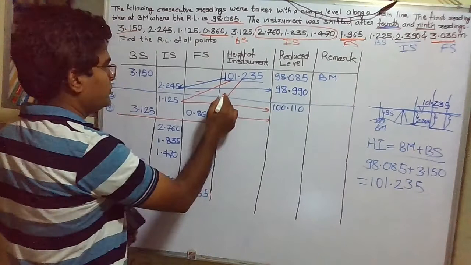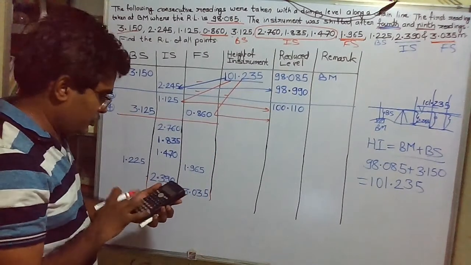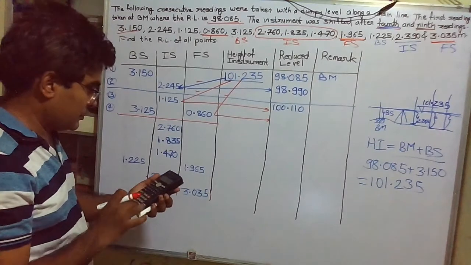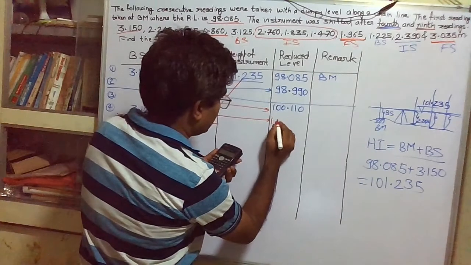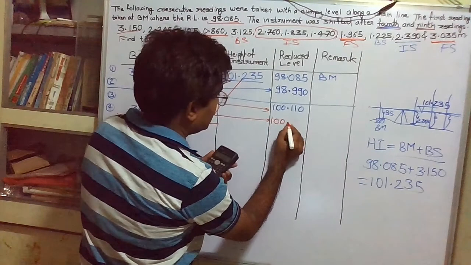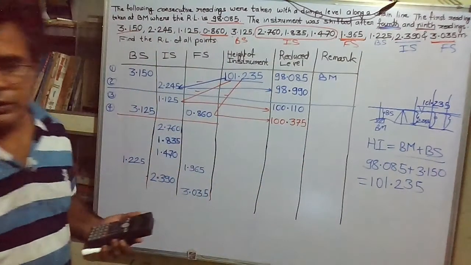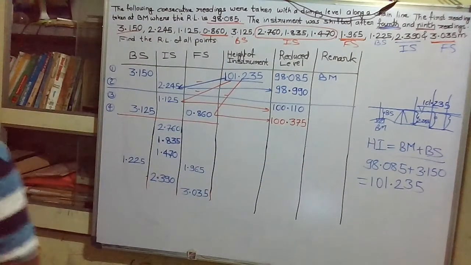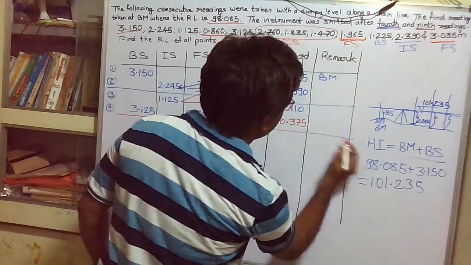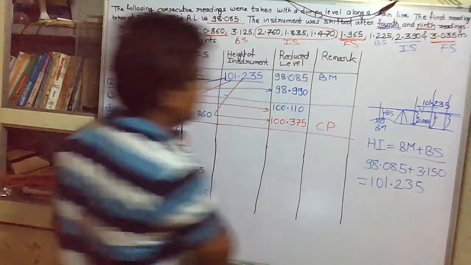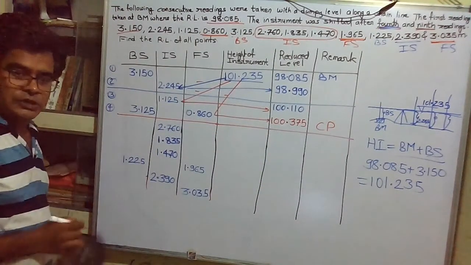So it is 101.235 minus 0.860, and it comes to be 100.375. We can write it in the remark here. This is our change point, CP, where after this point we have shifted the instrument.